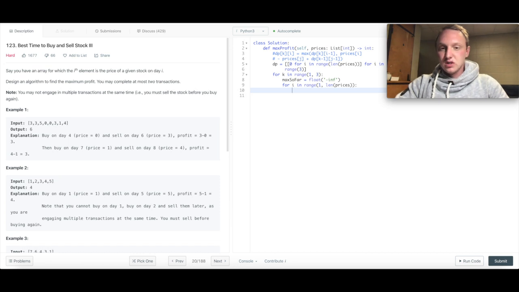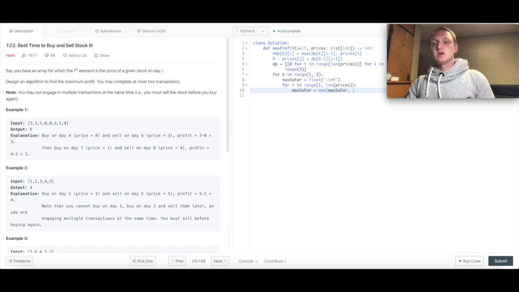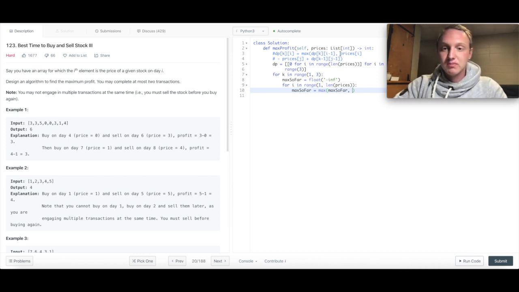What we're trying to do here, we're trying to update max so far with our previous max so far. So at each point of time, essentially each max so far would symbolize this part, which is the profit we could have before this day, and the price of selling our stock.